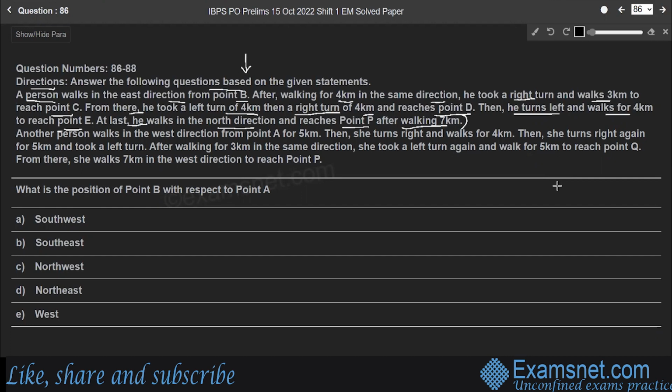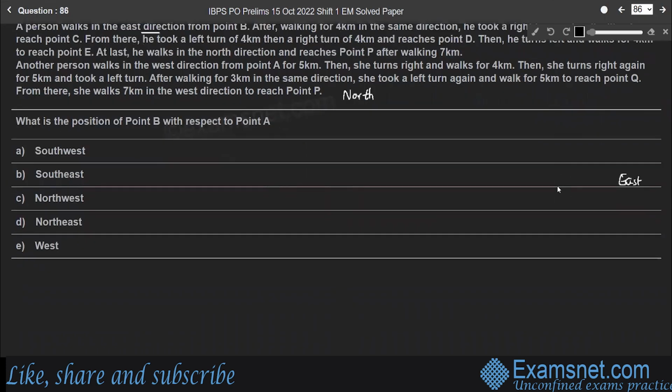So let us consider the first part of the given question. Here it is given that a person walks in the east direction from point B. So let us write the directions: north, east, south, and west.